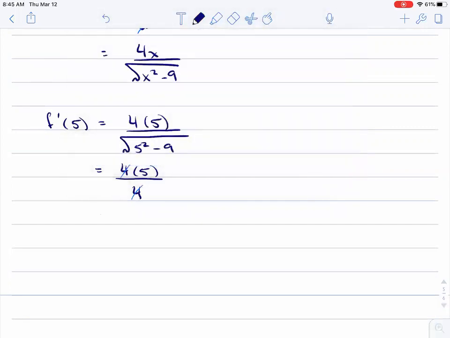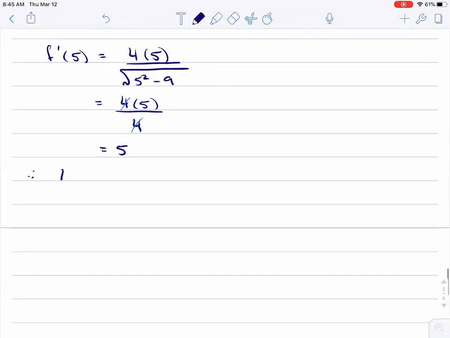So I'm just left with 5. So a is 5, but also f prime at 5 is 5. Should have picked better numbers. That's okay.